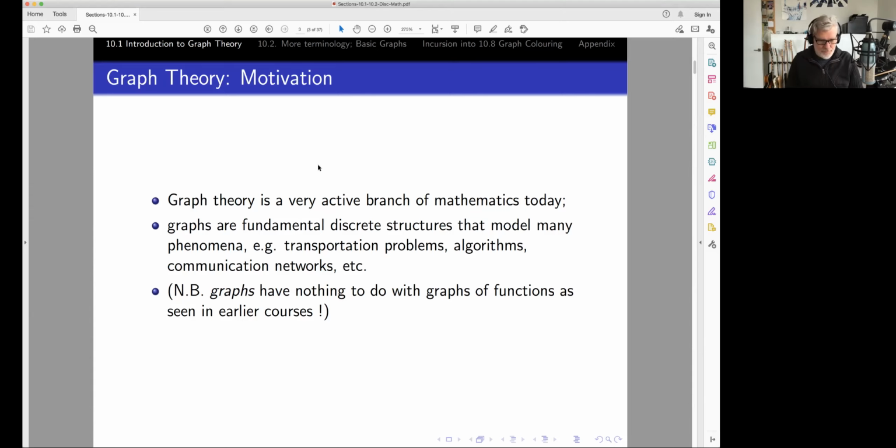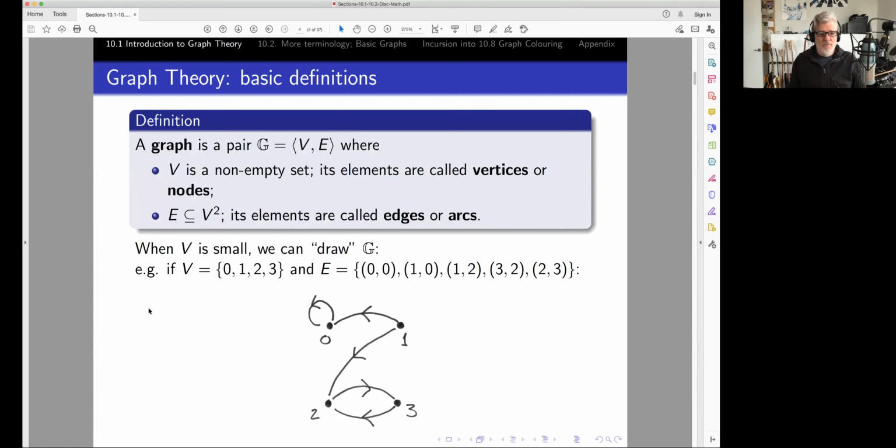But we're going to concentrate on finite graphs, and it's a very flexible concept that can model a lot of things that are interesting for computer scientists, such as transportation problems. You can also model algorithms, communication networks, and things like that. It's a very flexible structure that can be used in many different ways. So let's start with some basic definitions.